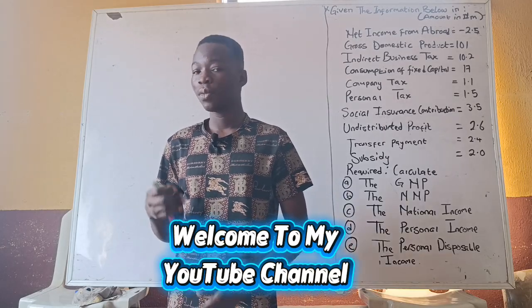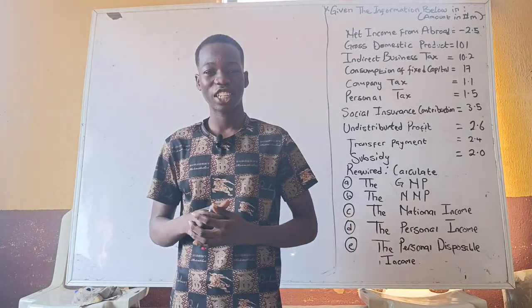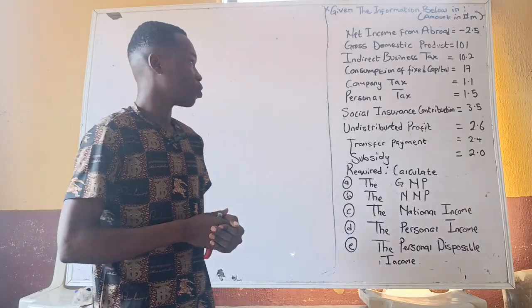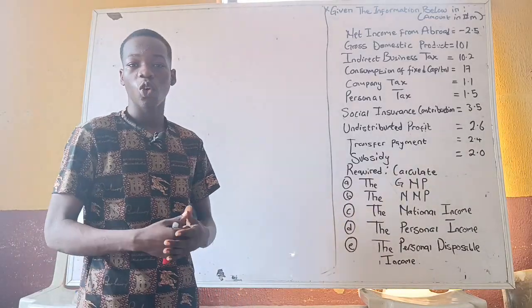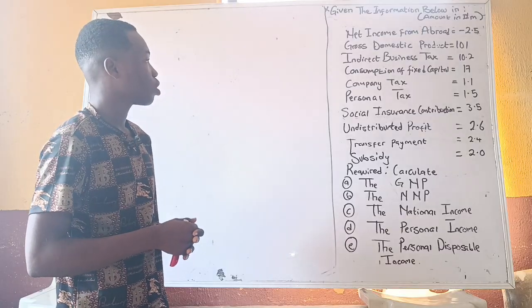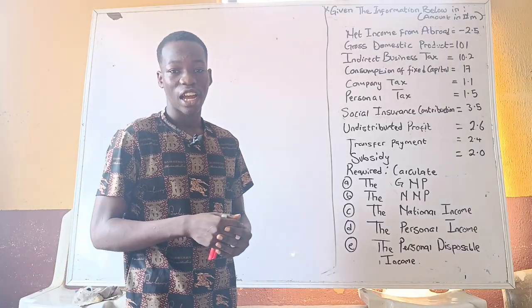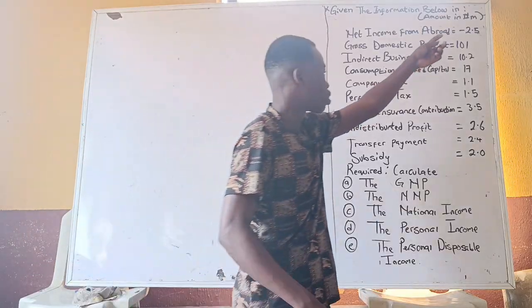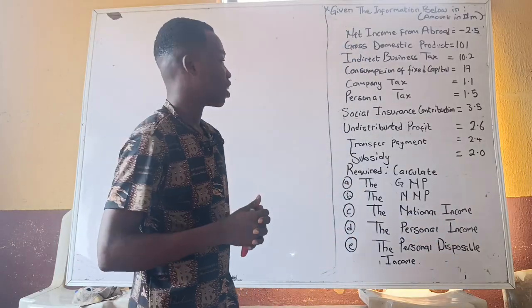So in today's video, we'll be looking at how to compute national income. So here is the question on national income. The given information below, the amount is in naira and million. So you can see it up here. So don't mistake that.